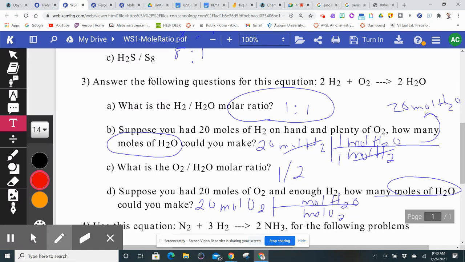So if I look in my ratio, for every 1 mole of O2 right here, there's a 1 right there, how many moles of water do I have? 2. So what's 20 times 2? 40.